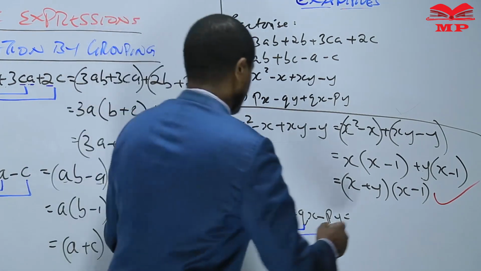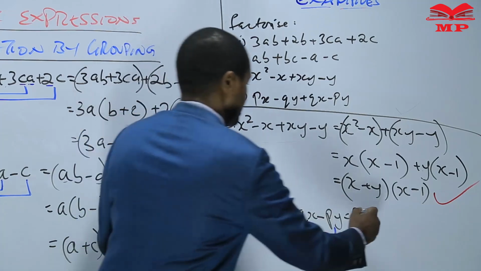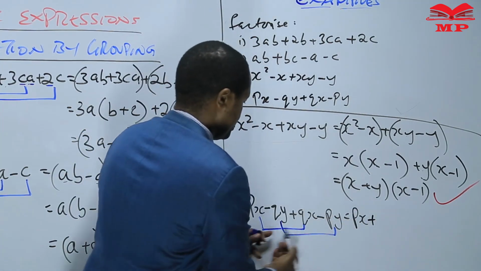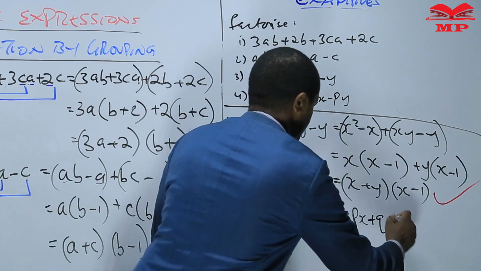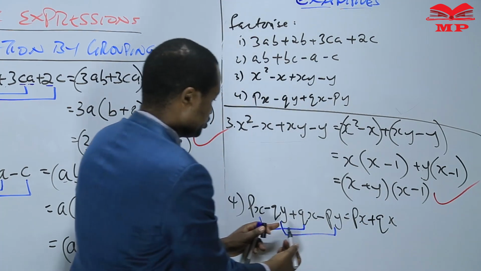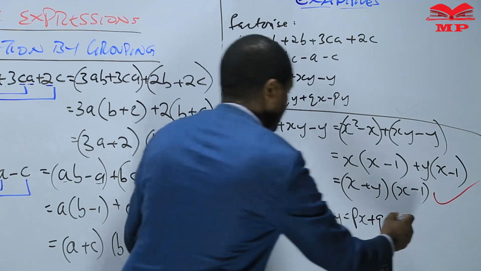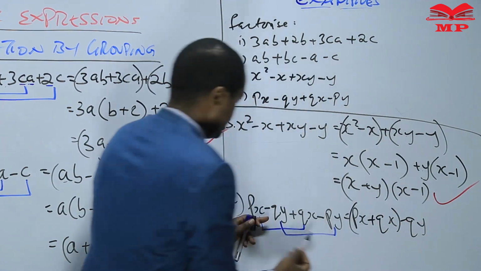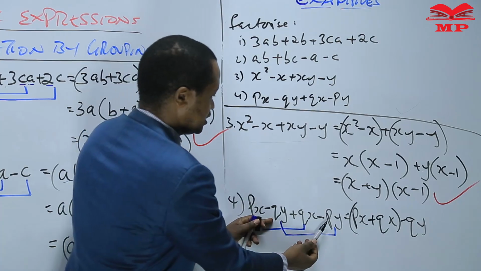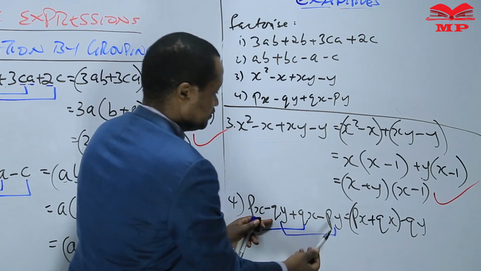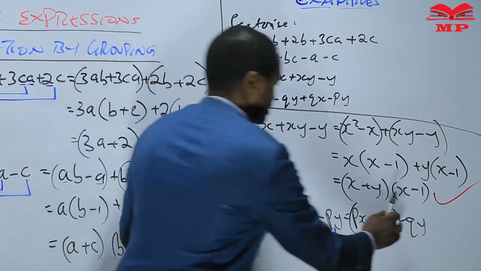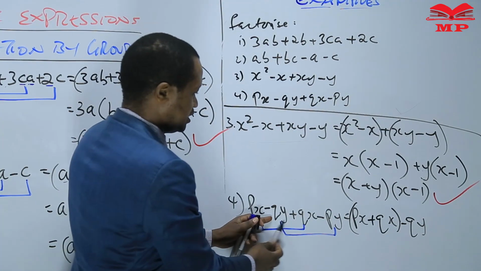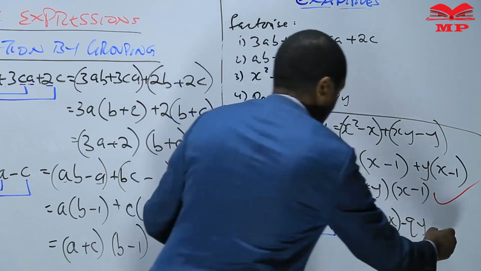So let's group px and qx. Then we group negative qy and negative py.